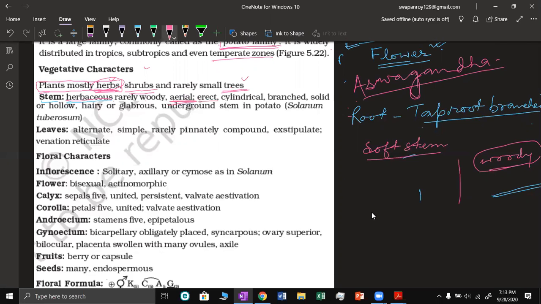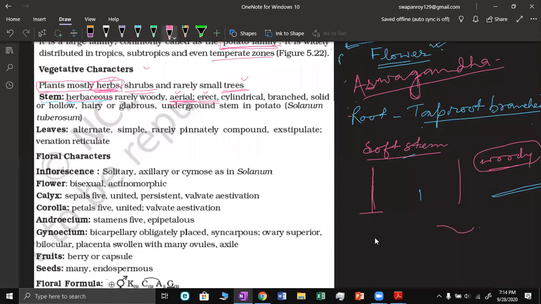Erect means standing. These are hard enough to stand erect. Of course, some plants like tomato cannot stand erect; they fall flat on the ground. But it is aerial, and in most cases erect.